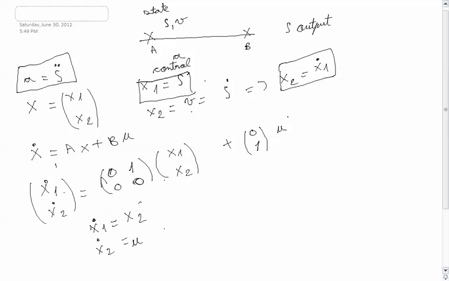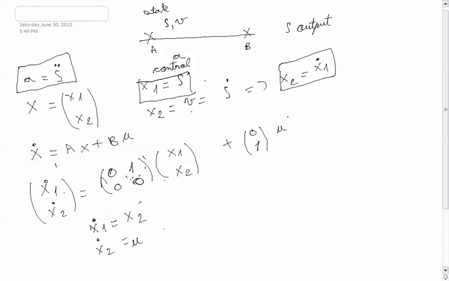U affects x2 directly. But then again, the change in x1 does depend on x2, because we have 1 here. So actually u first hits x2 and then x2 hits x1. So with the control signal, I'm actually controlling both x1 and x2.